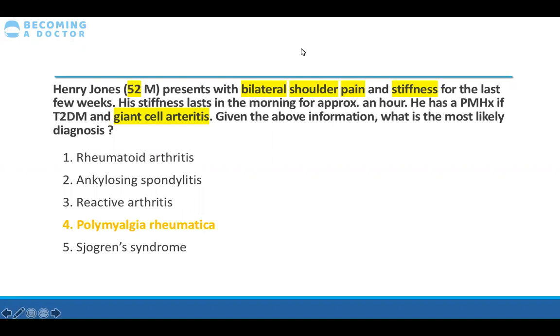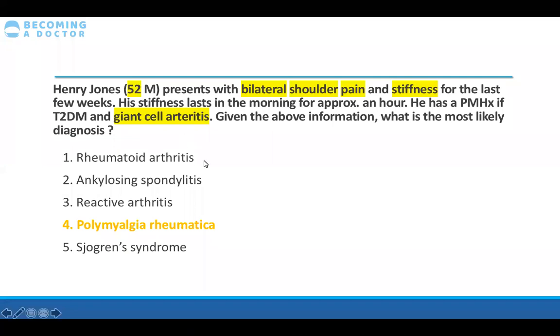They've got bilateral shoulder pain and stiffness, and they have a history of giant cell arthritis. Polymyalgia rheumatica has a strong link with giant cell arthritis, so that should pop up in your head. The fact that they've got shoulder pain and stiffness, and it's bilateral, again points to polymyalgia rheumatica. That's quite characteristic of it.